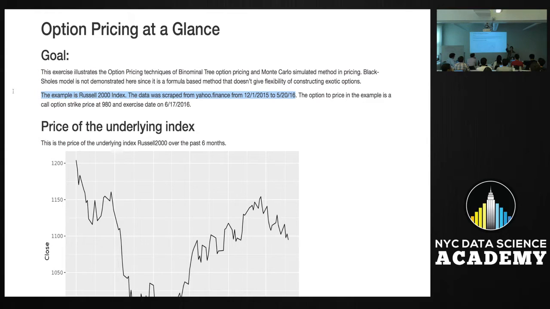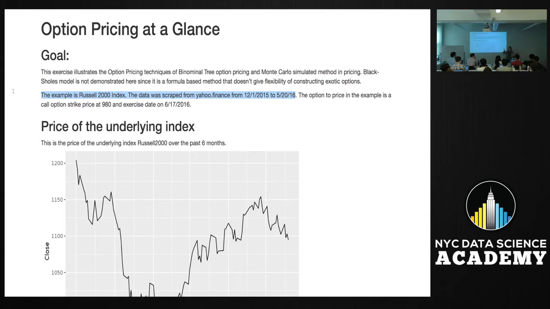That is daily, the first column, so it's pretty much like a table. The first column is your date, and then open price, closing price, high, low, volume, adjusted close. Those are the standard output for this index.